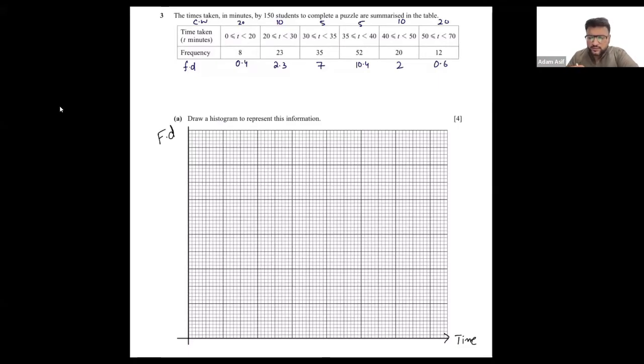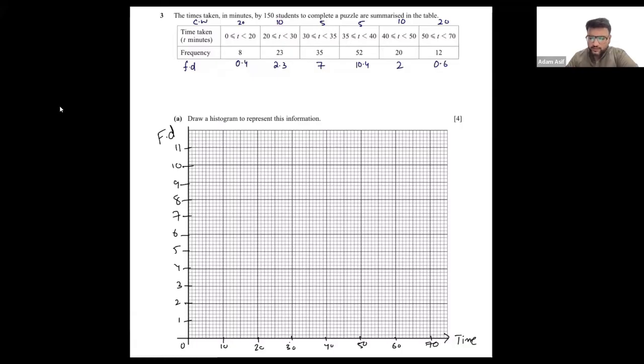Okay, now let's mark the values on the axes. 0, we need to go till 70. 10, 20, 30, 40, 50, 60, 70. For the vertical axis, we need to go as high as 11, I believe. So 1, 2, 3, 4, 5, 6, 7, 8, 9, 10, 11.